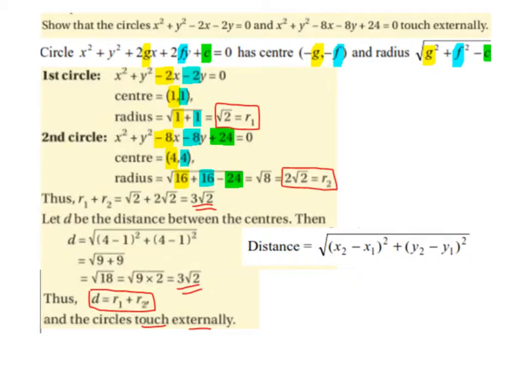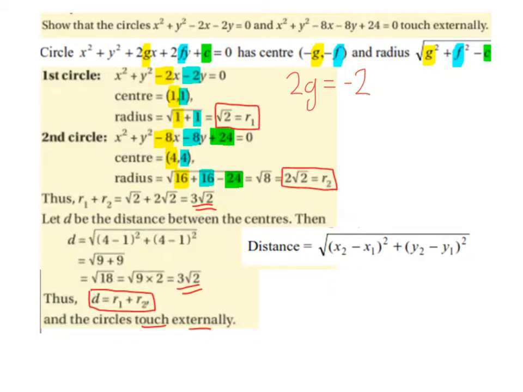So we're going to start with the first circle, x squared plus y squared minus 2x minus 2y equals 0. What we're going to do is compare the coefficients of x in both the formula and the actual equation of the circle. In the formula, the coefficient of x is 2g, and in the actual equation, the coefficient of x is minus 2.